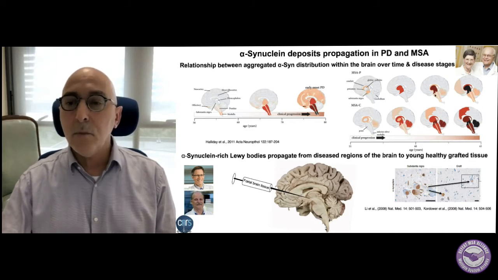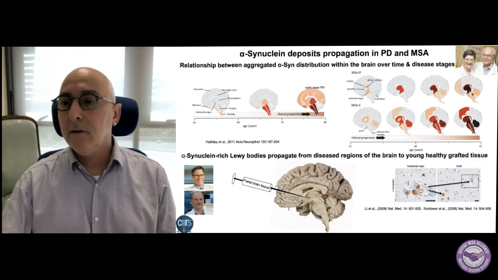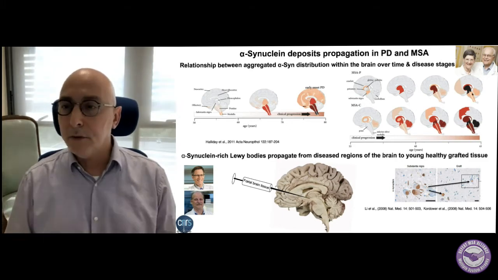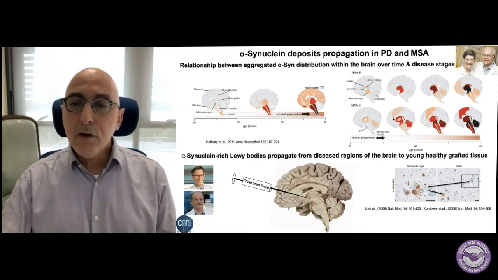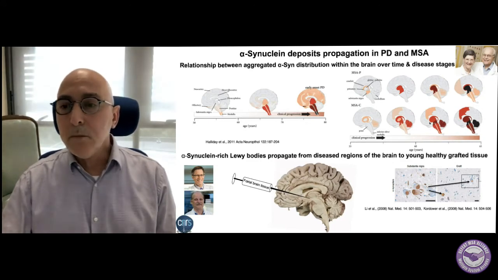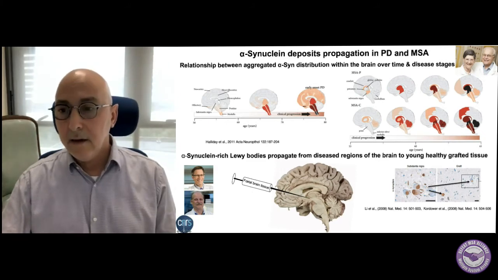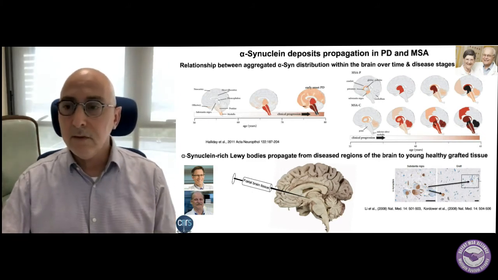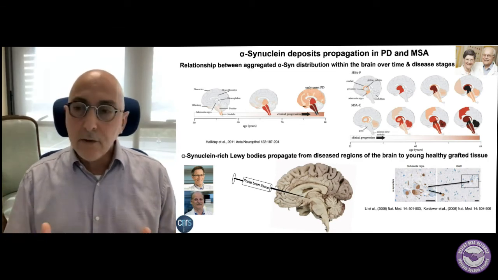These regions are more and more affected by pathology, and then again, the pathology spreads to other regions within the brain. In MSA-C, the first regions that are affected are the caudate and the cerebellum. These regions are more and more affected by pathology over time. And then again, as I said for the other diseases, the pathology spreads to or affects other regions within the brain.